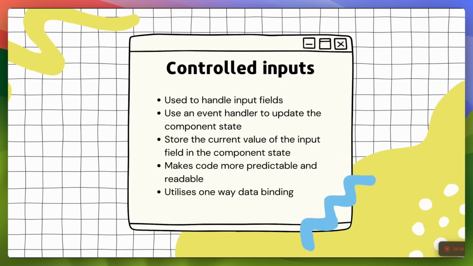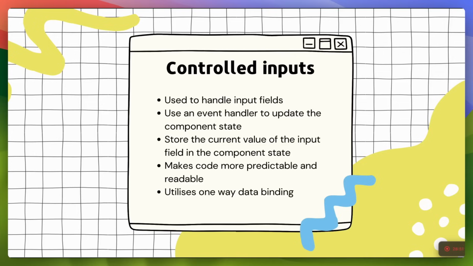Now our next design pattern is called the controlled input design pattern. This is a very basic React concept that you learn at the beginning when you start learning React. But you need to understand why this is such an important concept. In React, you use something called one-way data binding, which means data can only flow in one direction.